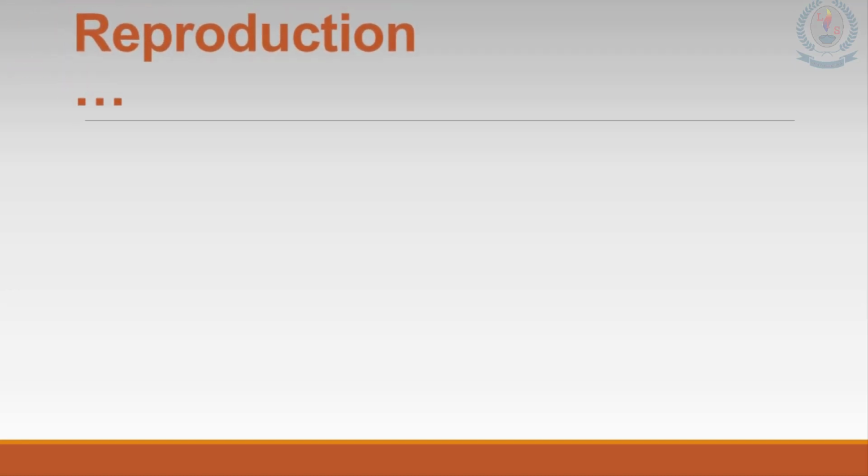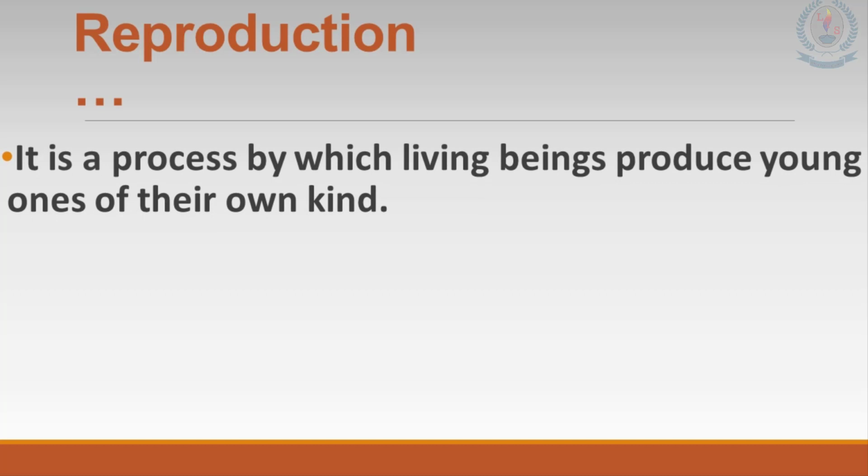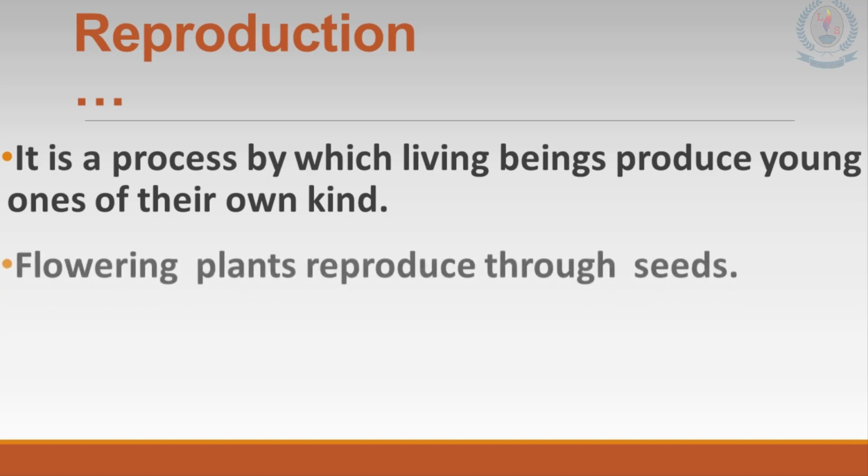Let's see what is reproduction. Reproduction is a process in which living beings produce young ones of their own kind. So, how do plants reproduce?